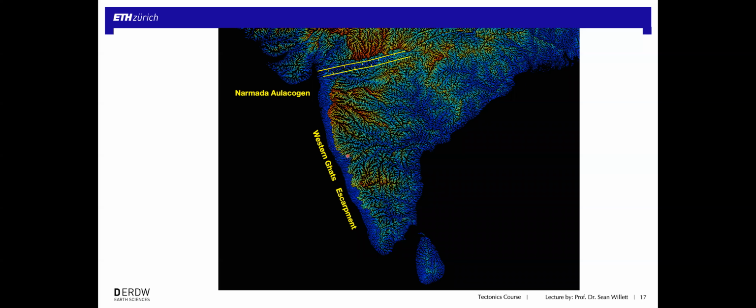And it's only about 50 to 100 kilometers away from the west coast, but hundreds to 1,000 kilometers away from the east coast. So it's a highly asymmetric continental divide, and that divide is in fact defining an escarpment or a mountain belt that's referred to as the Western Ghats.